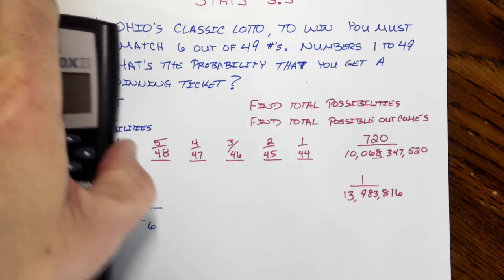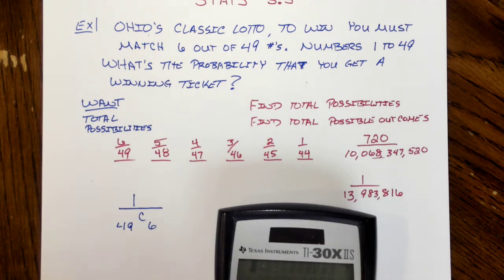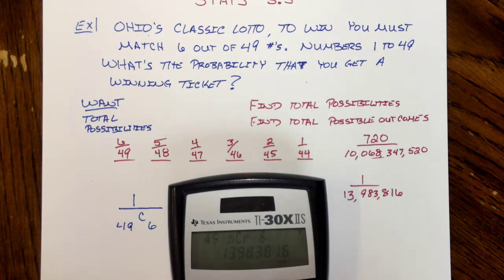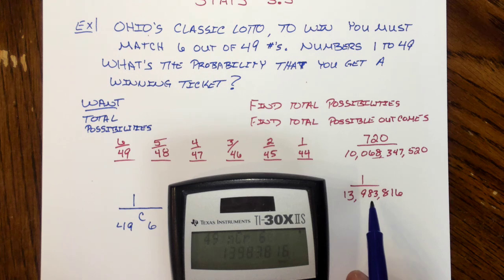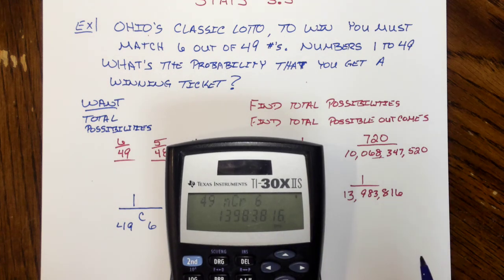So as we bring out our handy dandy calculator and let technology help us out, we're going to do 49 possible. Order doesn't matter, so we go to combination, and we need 6 out of those. And we see that number showing up for us.